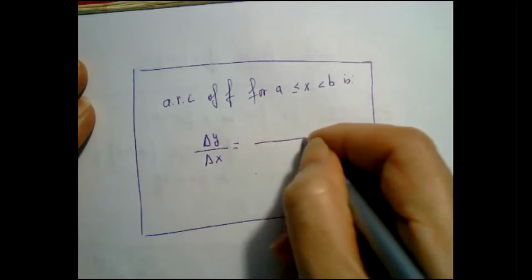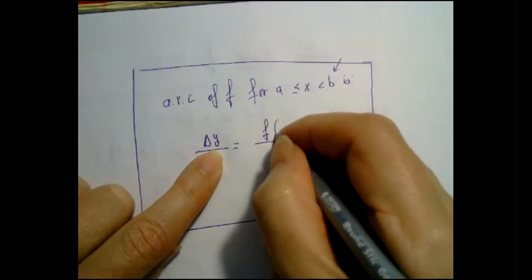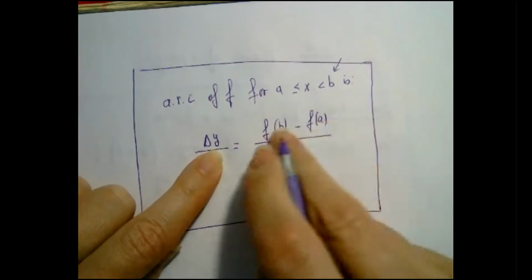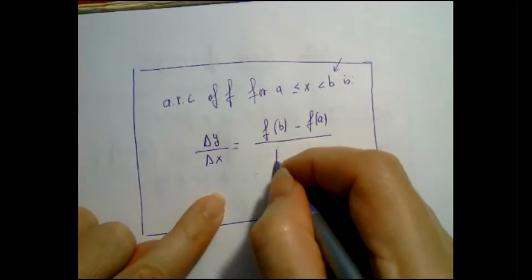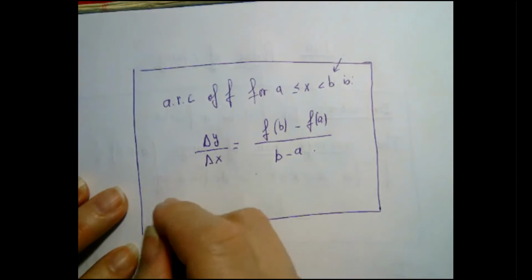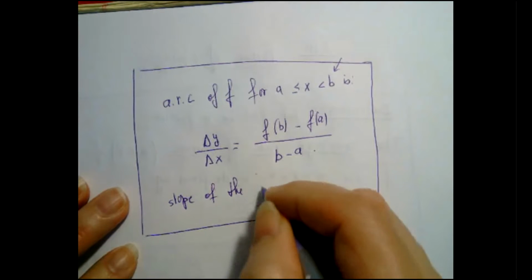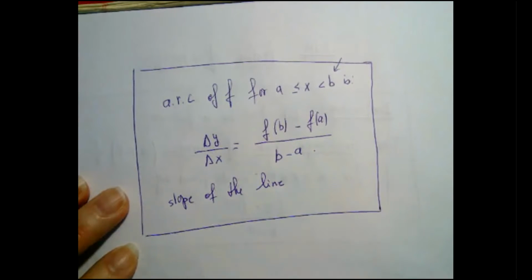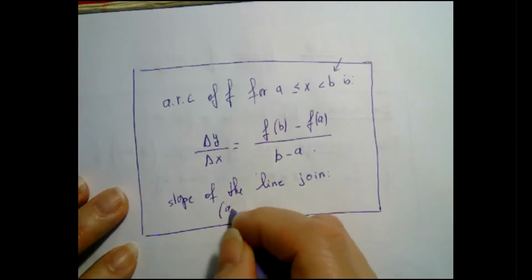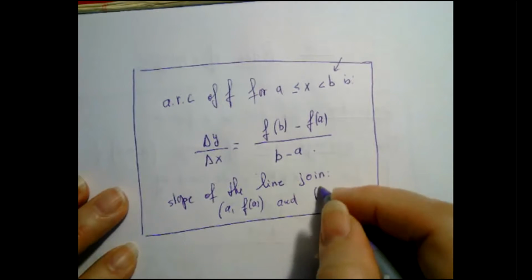It means the value of the function at the right, minus the value of the function here, how much my output changed, divided by b minus a. And graphically, it's the slope of the line that joins the points (a, f of a) and (b, f of b).